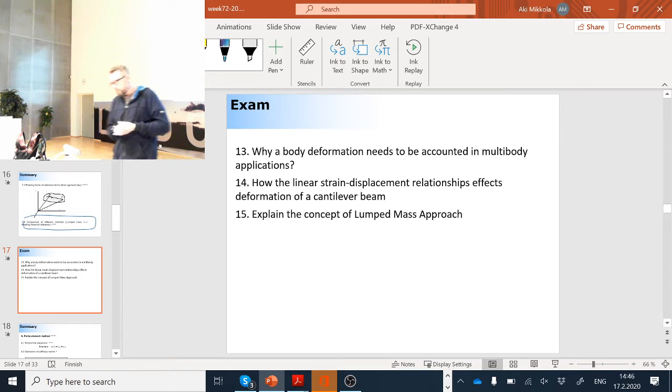Then just for your information, there is one more method which is even easier than the lumped mass approach, and it is called linear theory of elastodynamics. Sounds extremely sophisticated approach. It's not. It's just that you compute the rigid multibody dynamics. Once you compute it, you can get the reaction forces and inertial forces, and then you're exporting those forces to your finite element model.